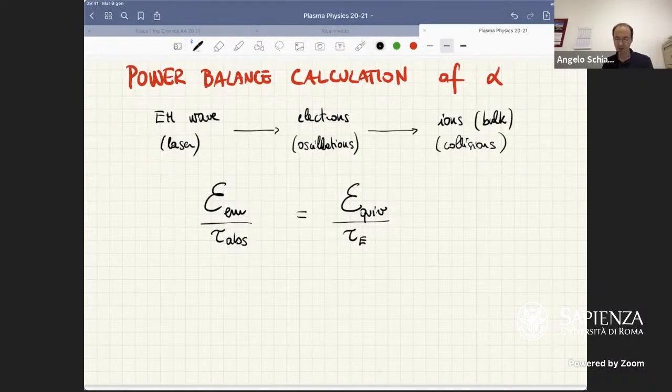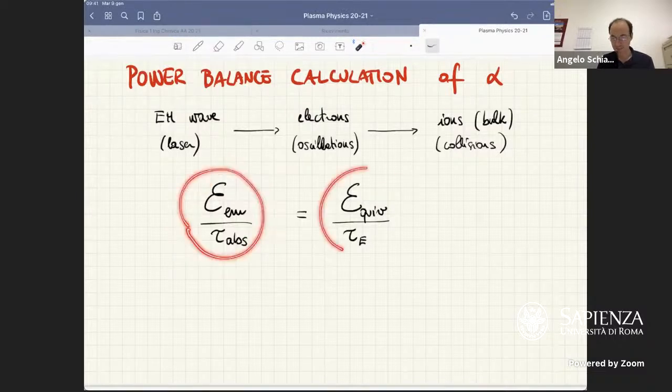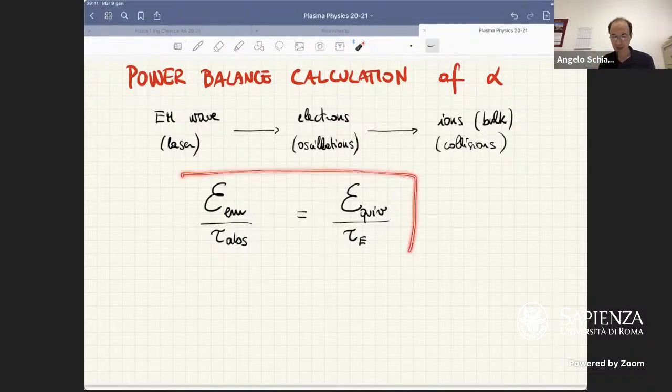Okay, so with these symbols, you see that here we have an incoming power lost by the electromagnetic wave, and this rate of energy is exactly the same final rate at which the energy is coupled to the plasma. So this is basically writing an energy conservation equation in terms of powers.